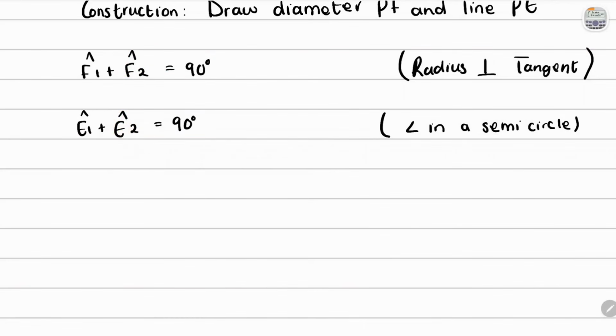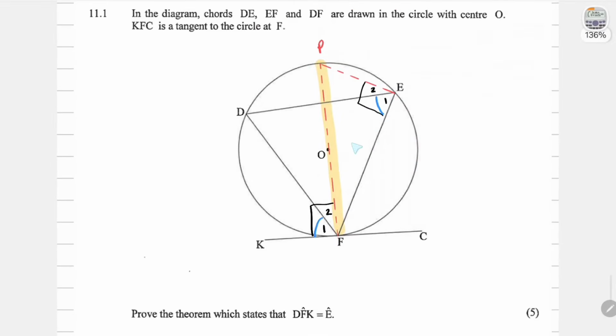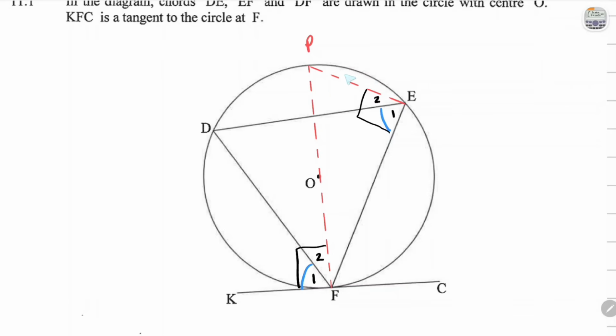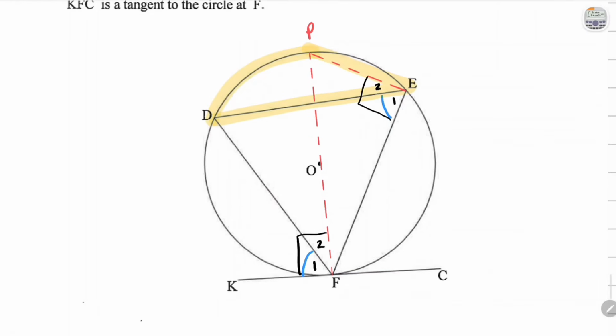Let's look at those angles and see how are they actually equal to each other. Okay, so looking at it like that, you see that angle E2 is supported by this arc DP. But we also have another angle at the circumference supported by DP, and that is angle F2. So that will mean that they are equal because of angles in the same segment.